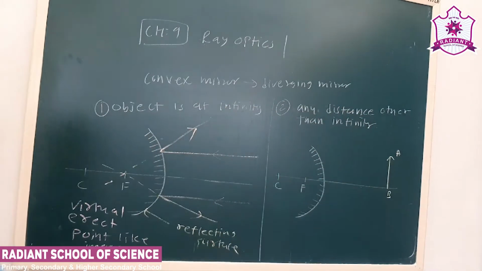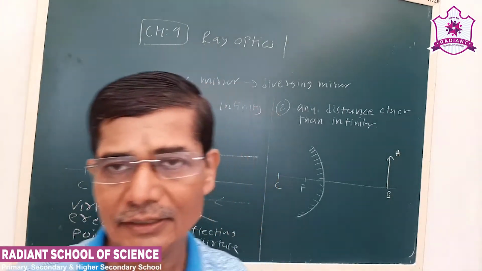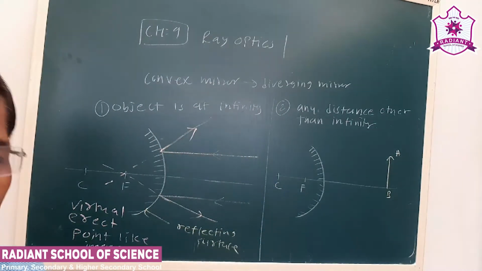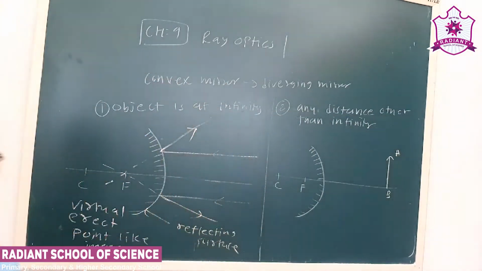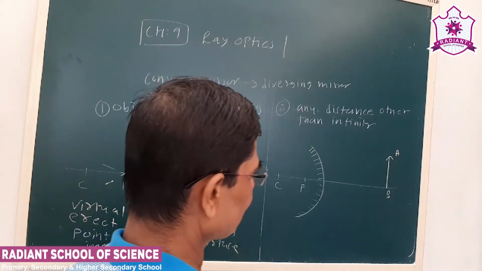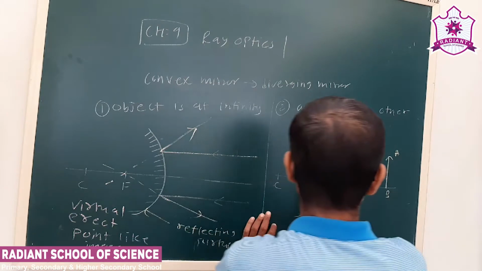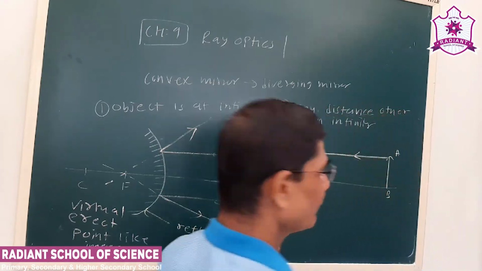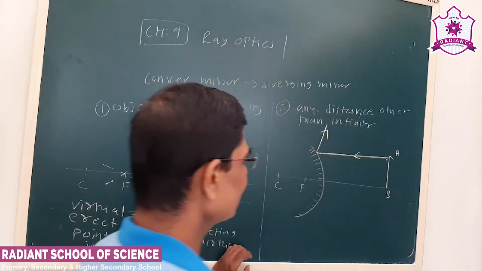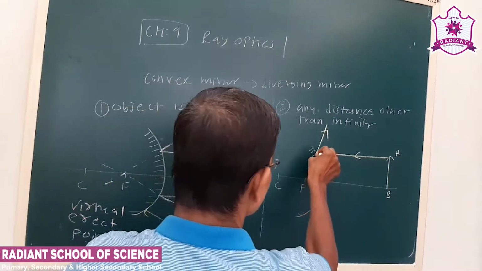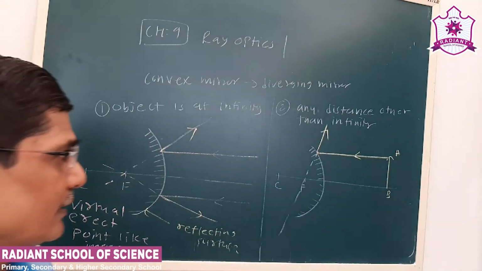We have to see how the image forms. In the last lecture we discussed how to draw ray diagrams. Out of those three conditions we discussed, we take any two, so we can determine how the image is formed. Now see, the first ray is parallel to the principal axis. It is a diverging mirror, so it will diverge like this. But if I produce it, or extrapolate it, it will pass through F.